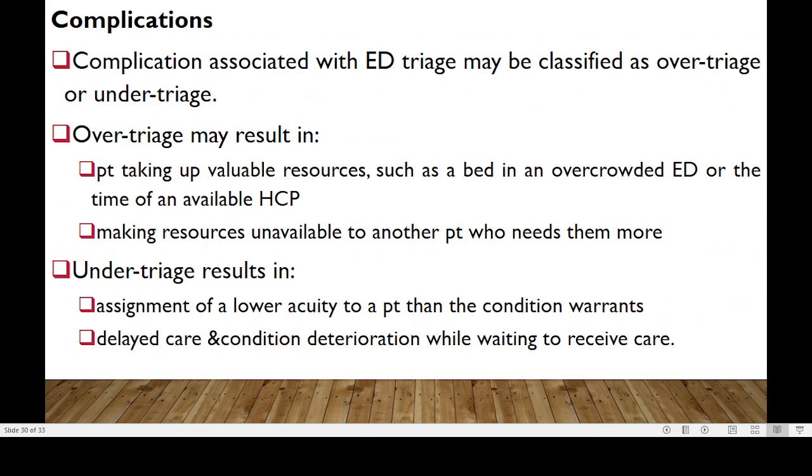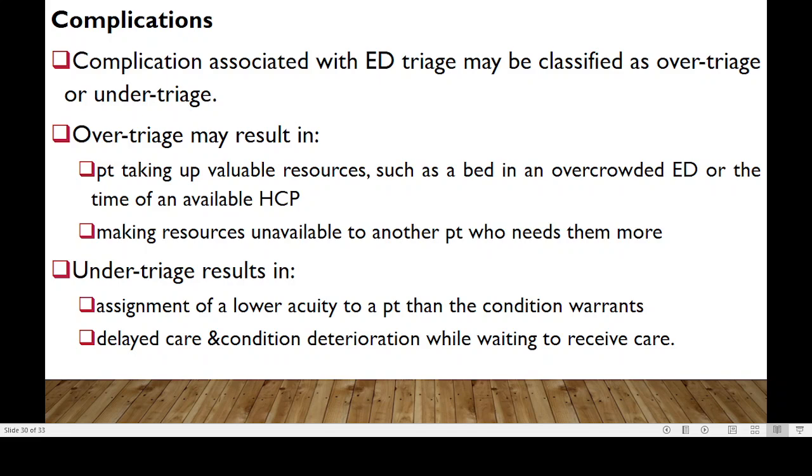So finally, complications of triaging. Complications associated with emergency department triaging may be classified as over-triage or under-triage. Over-triage might result in a patient taking up valuable resources such as a bed in an overcrowded emergency department or the time of a healthcare provider.